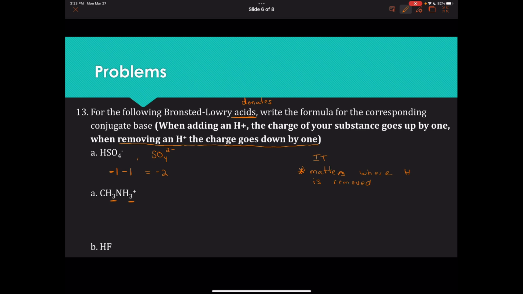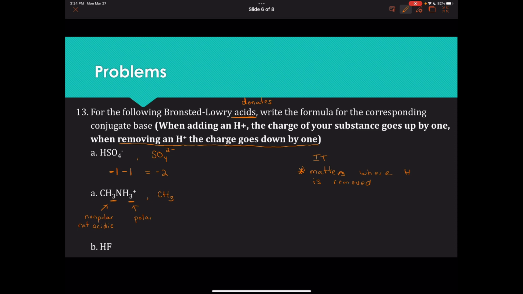Our acidic hydrogens have to be polar. Remember that the CH3, those are non-polar hydrogens. If they're non-polar, they are not acidic. They cannot be donated. My bonds to nitrogen, though, are polar. If they're acidic, those are the hydrogens that we're going to lose. So we cannot take the hydrogens off of the carbon. If we do so, that is incorrect. The hydrogens are coming off of the nitrogen.